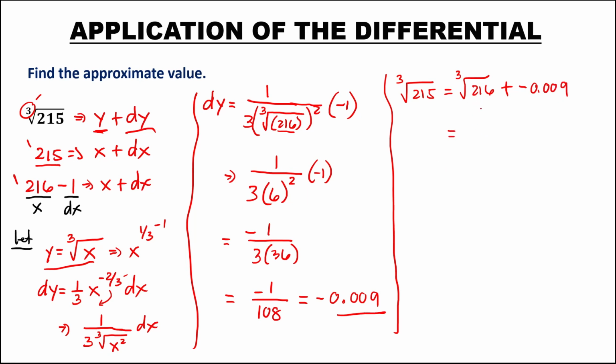So the cube root of 216 is 6, minus 0.009. Therefore the approximate value for the cube root of 215 is 5.991.